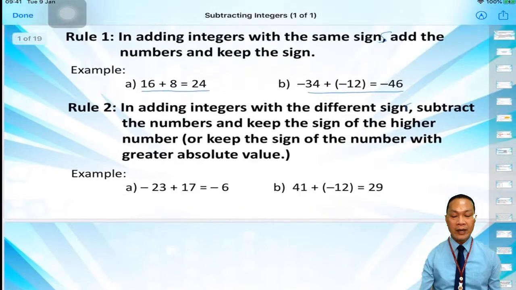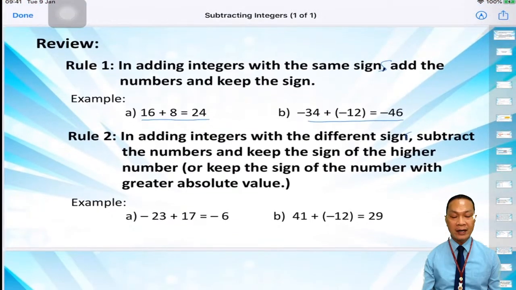So we have here the example for adding integers with different signs. Letter A, negative 23 plus 17, the answer is negative 6. And letter B, 41 plus a negative 12 equals positive 29. All right, let's move on.